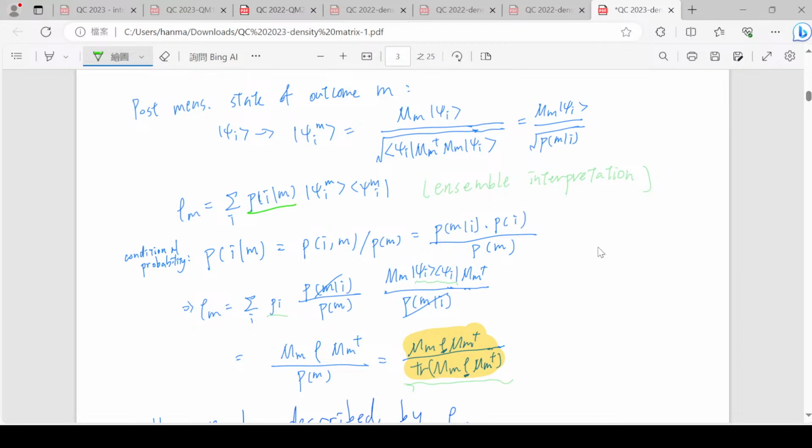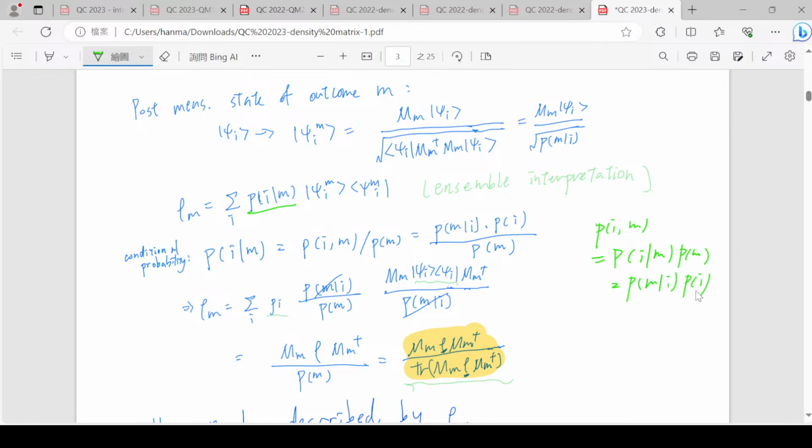I guess we have, I forgot how this rule is called, but in probability theory, the probability of getting both the event i and m is the probability of i conditioned on m times the probability of m, and also equal to the probability of m conditioned on i times the probability of i.